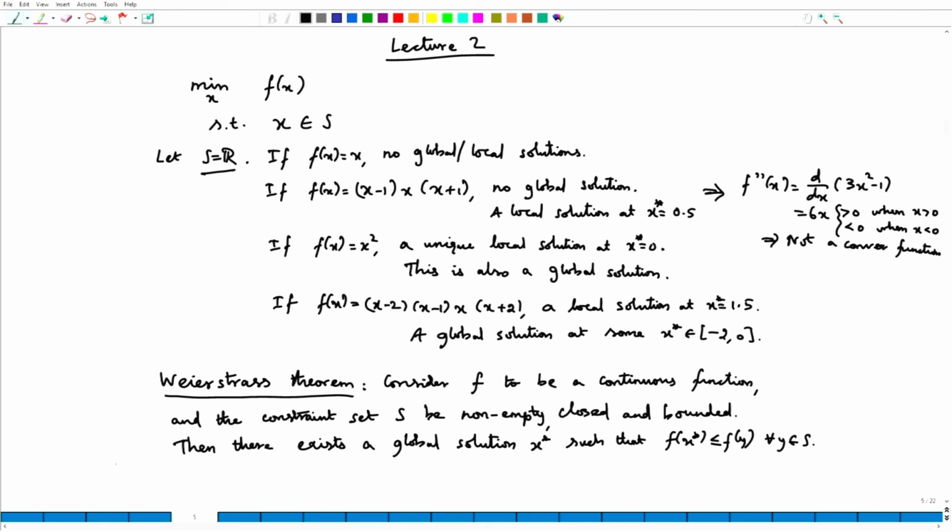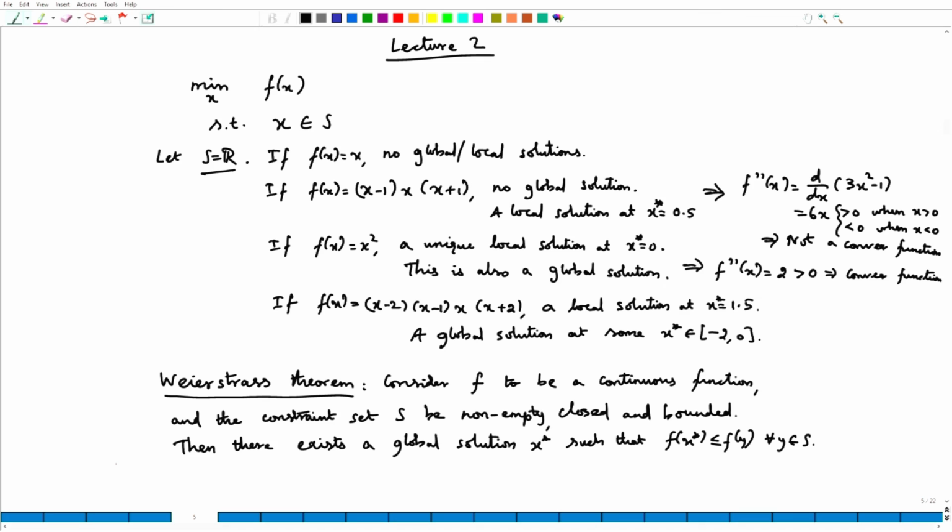Okay. Yes. And the next you have f of x. So, if you consider the problem f of x is equal to x squared. Okay. So, here you can clearly see that f double dash of x is actually equal to 2, sorry, and this is greater than 0 always, and so this is a convex function. Since this is a convex function defined on a convex set, so the real line is also a convex set, right.